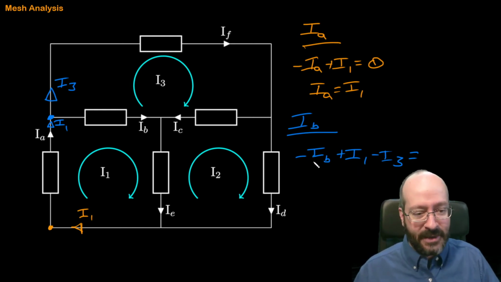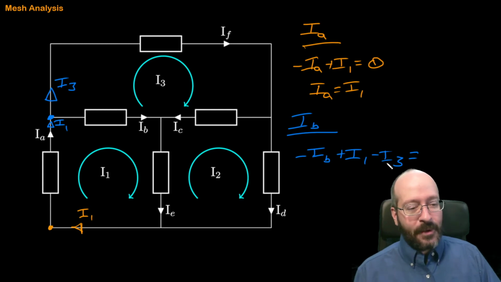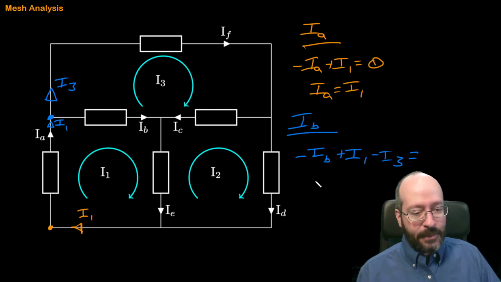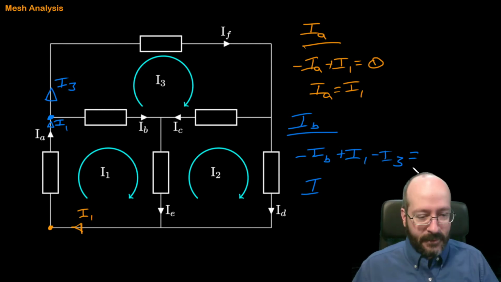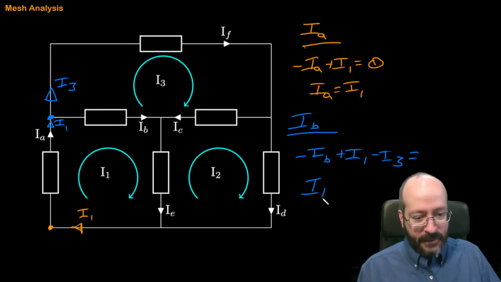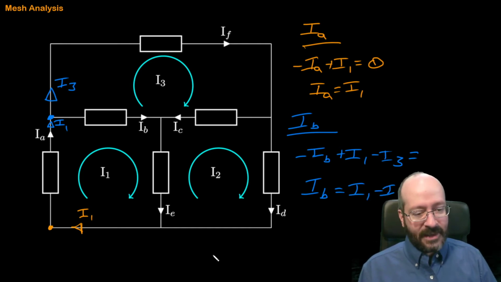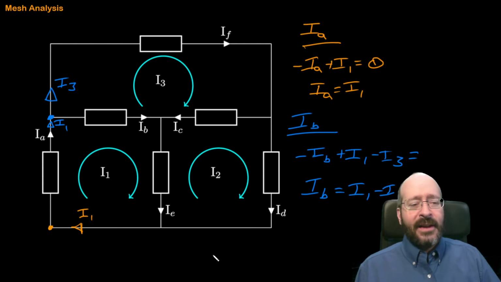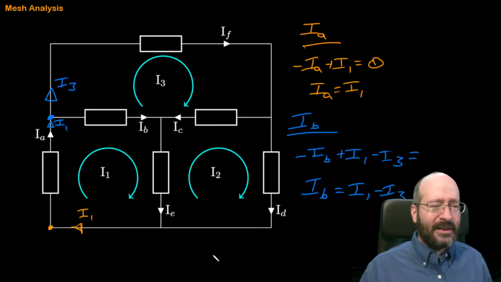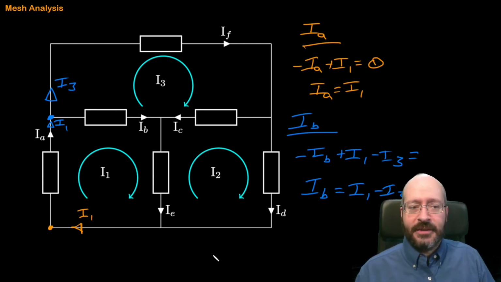Back to finding IB. So IB plus I3 equals I1, we've got to solve for IB, and we can just pull that over to the right, and then I'm going to flip the sides of the equation. It seems to happen a lot, and I get I1 minus I3. Okay, so I've done these two because I want to convince you that they're KCL equations, because I don't want things to come out of nowhere.